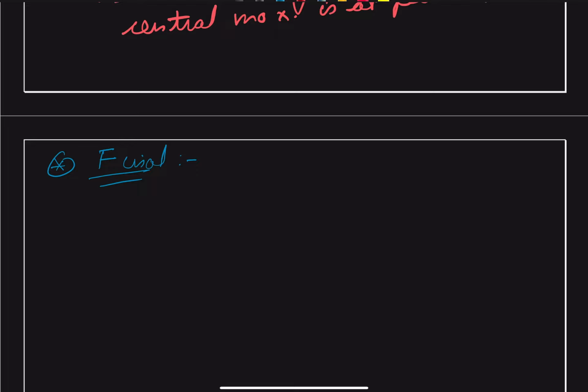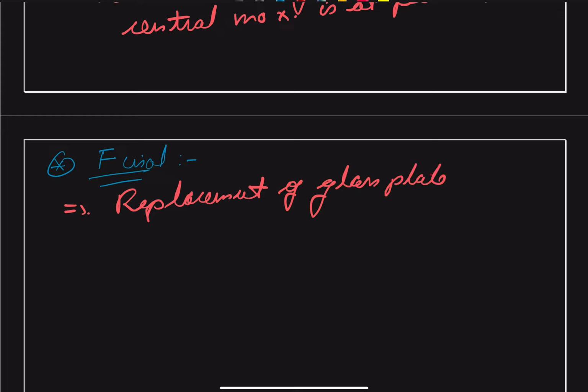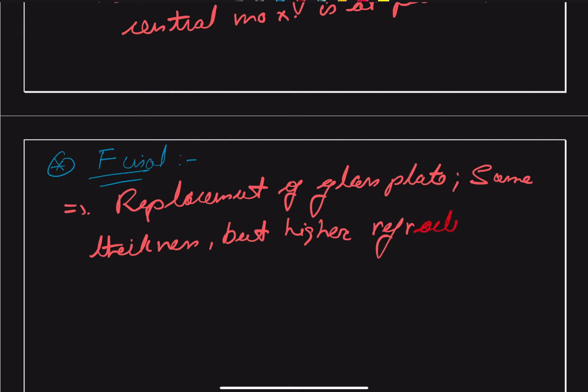So you can say from here that there is replacement of a glass plate with same thickness but higher refractive index, and that is our 1.7.